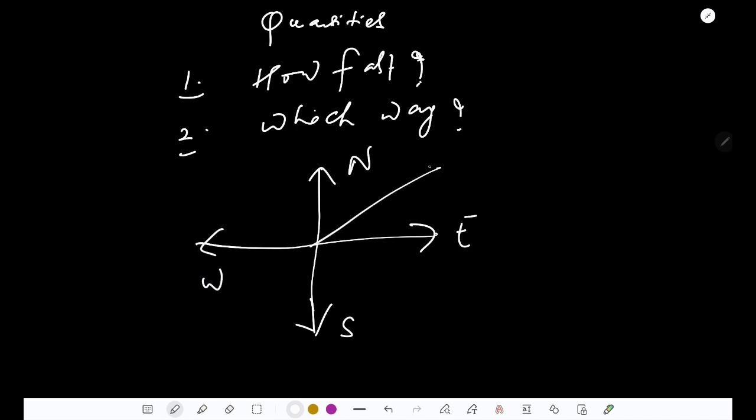And if your car is moving in this way, you will find the angle. Suppose this angle came out as 30 degrees, then you are going to tell the direction as: your car is moving in a direction 30 degrees north of east.